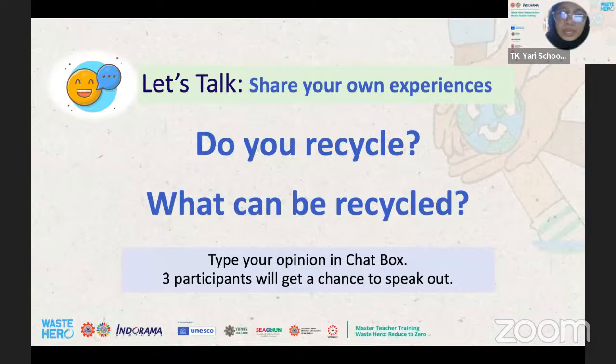We can throw it away, but we can reuse it or turn it into another thing. In the class, we use some parts of the bottle or plastic to make art, like mixed media painting.